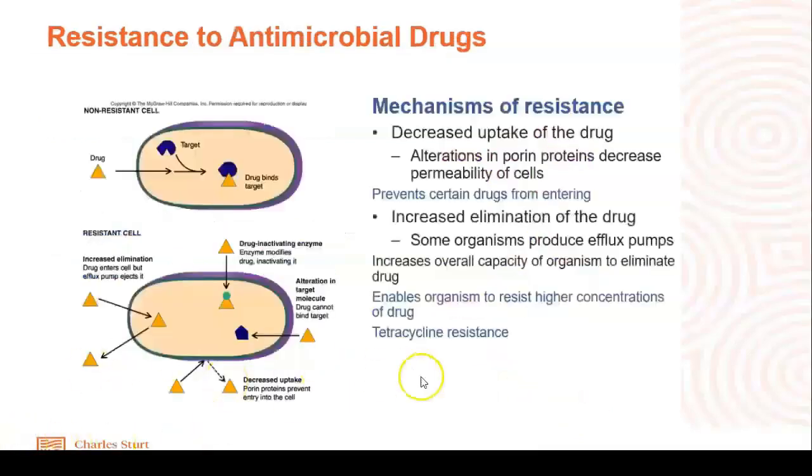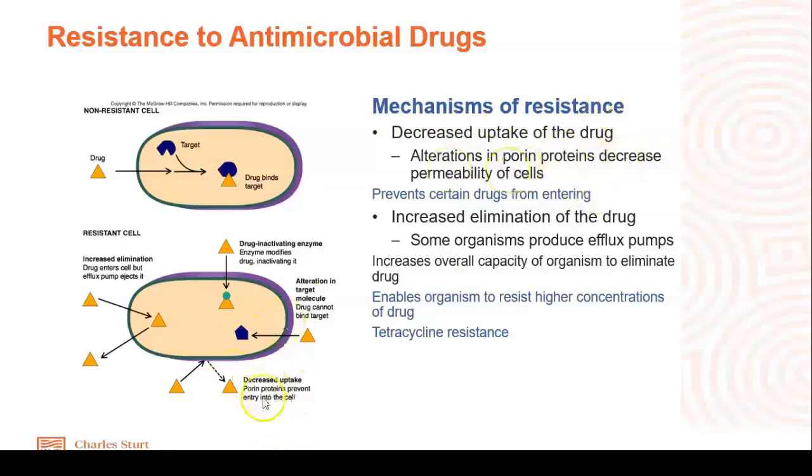Other mechanisms of resistance include decreased uptake of the drug. There might be alterations in the porin proteins of the microbe, which decrease the permeability of cells.